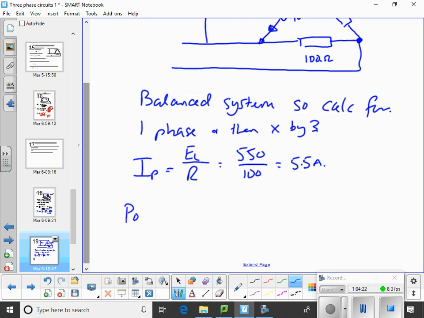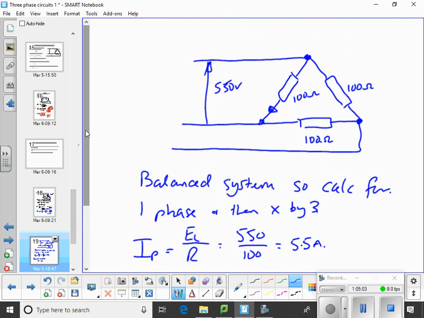So power for one phase equals... That is not 5.5 amps here.